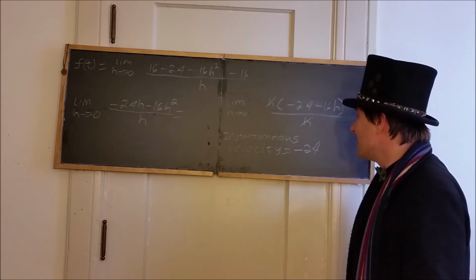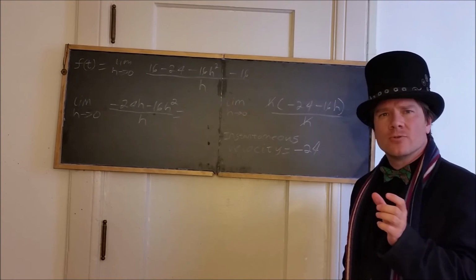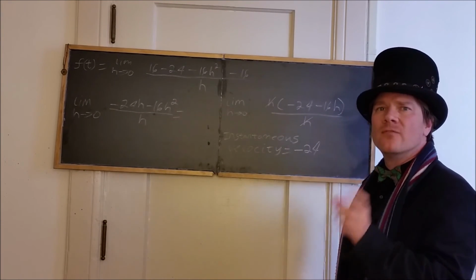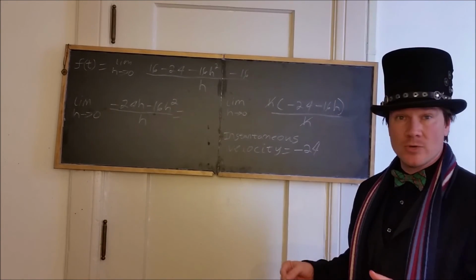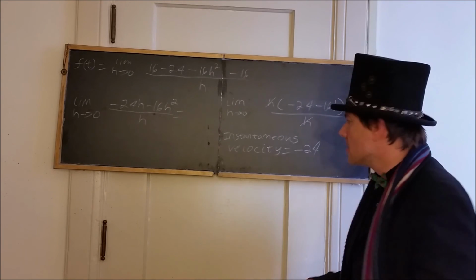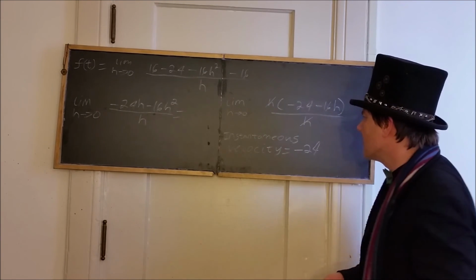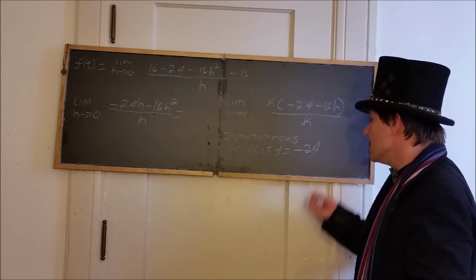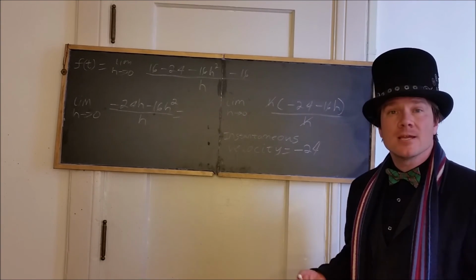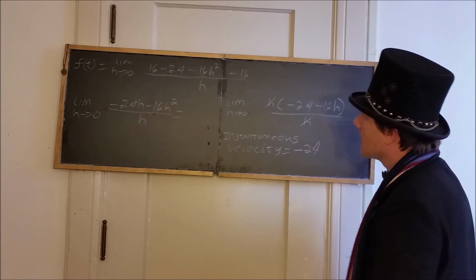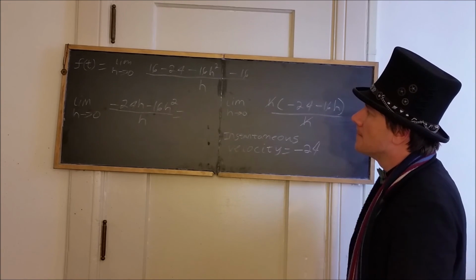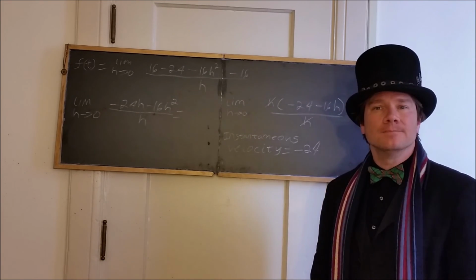So that means we're traveling at negative 24 feet per second at that particular time, which was 2 seconds. So the instantaneous velocity is negative 24 feet per second at 2 seconds. And that's how you do instantaneous velocity.